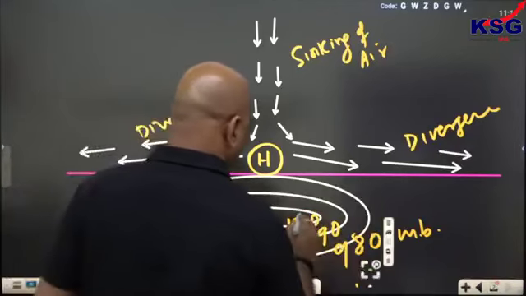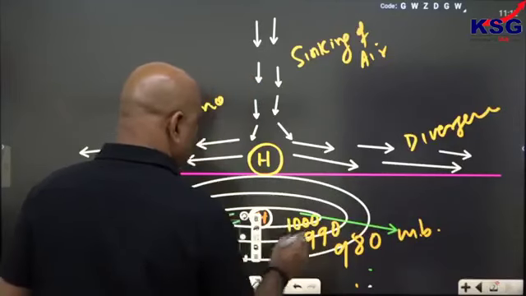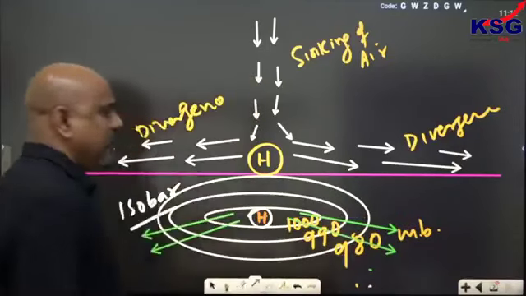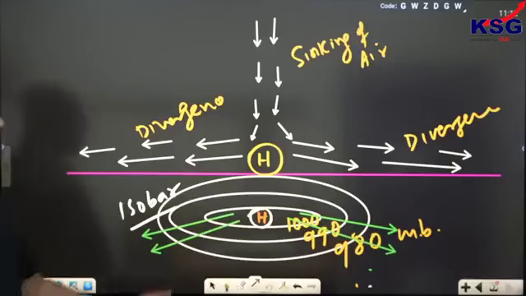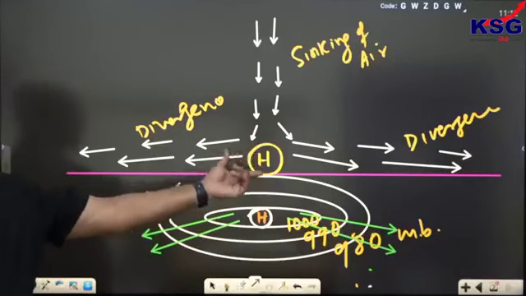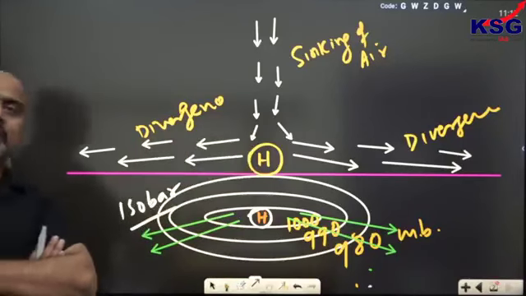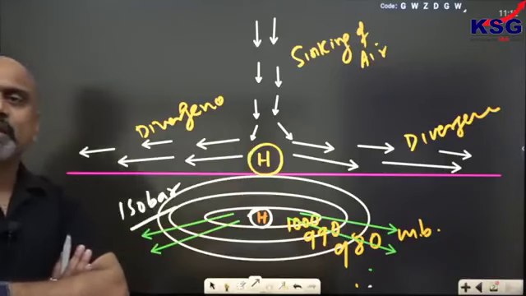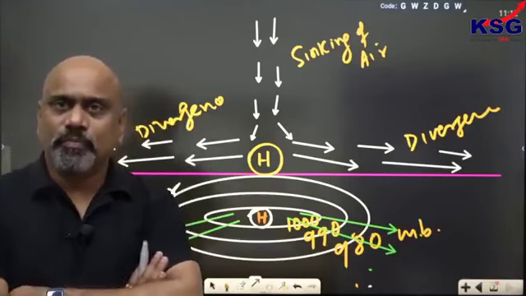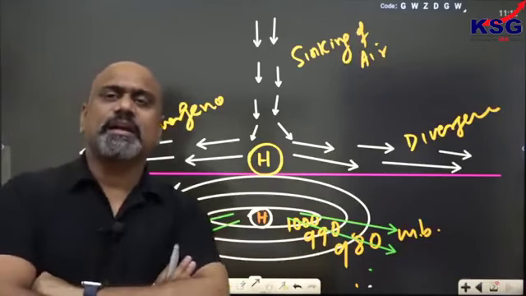And this is the divergence. Because of the divergence, there is vertical sinking of the air from above. Air will sink from above.